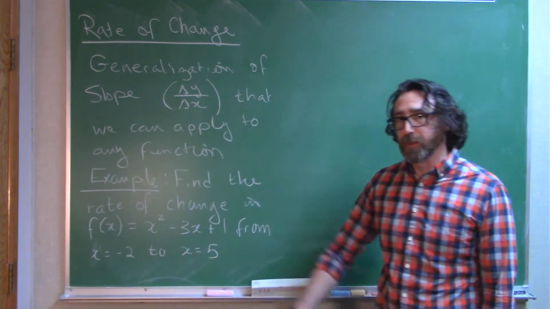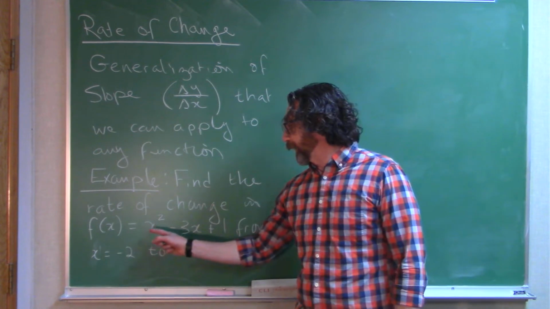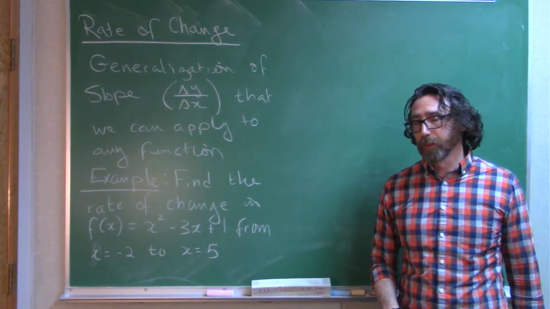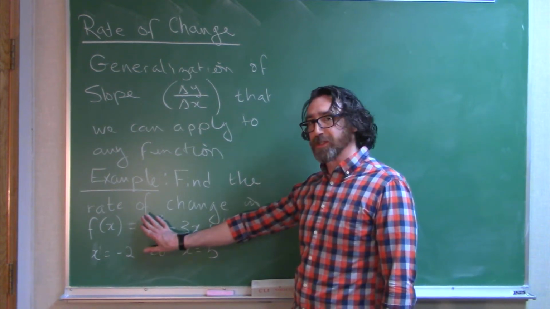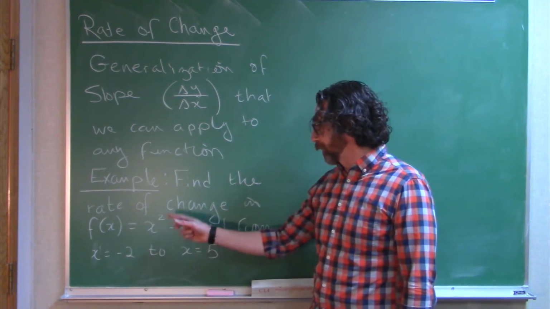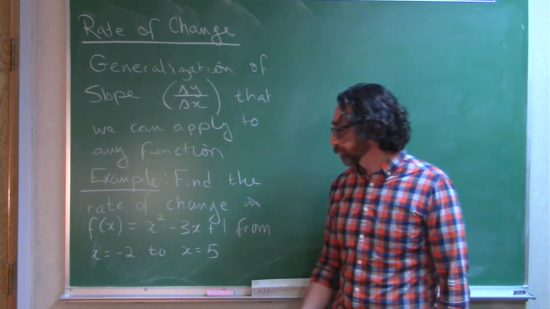Okay, so this is my function. F of x equals x squared minus 3x plus 1. It is not a linear function because linear functions can't have a second degree term like this. Okay, so not a linear function.